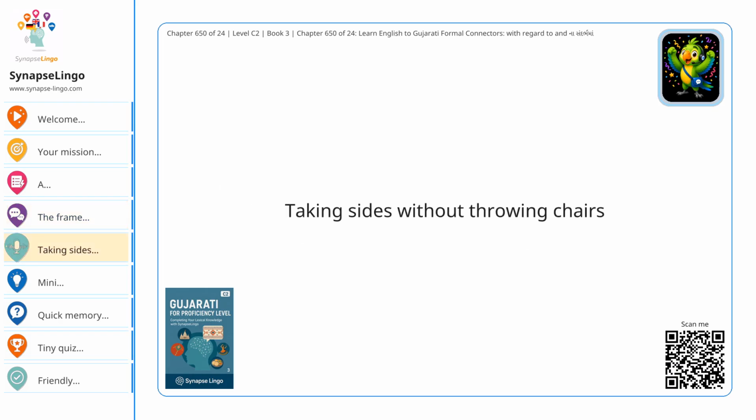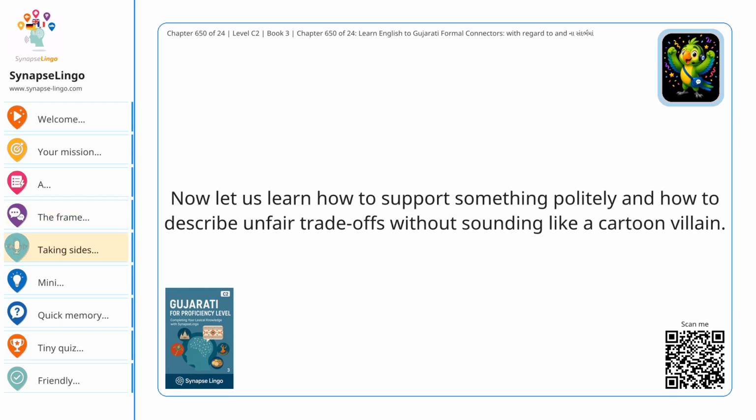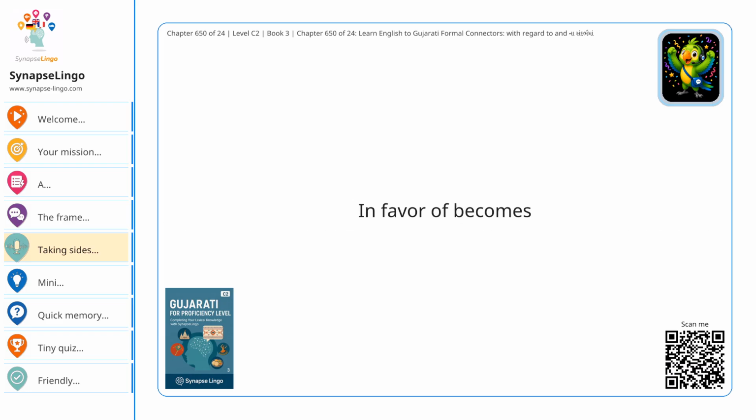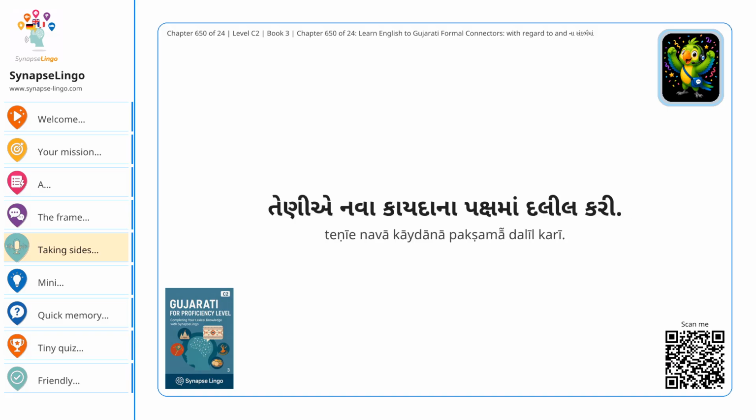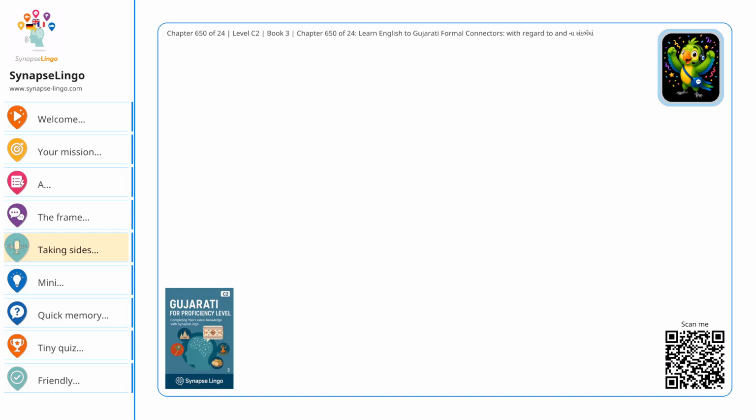Taking sides without throwing chairs. Now let us learn how to support something politely and how to describe unfair trade-offs without sounding like a cartoon villain. In favor of becomes ના પક્ષમાં. Example: She argued in favor of the new law. In Gujarati: તેણીએ નવા કાયદાના પક્ષમાં દલીલ કરી. At the expense of becomes ના ભોગે.